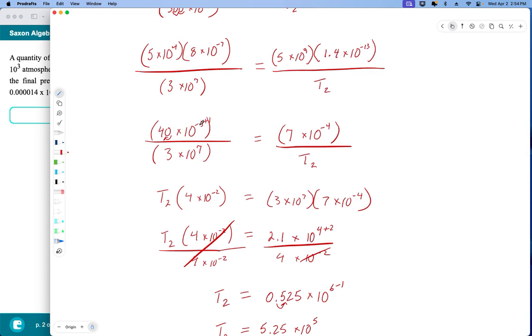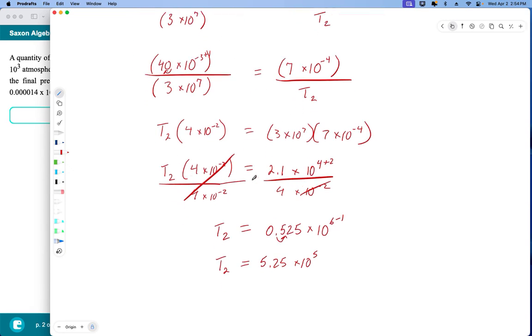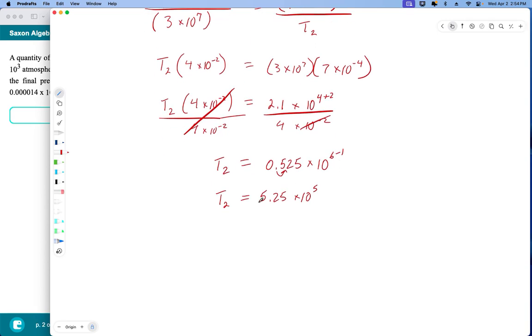Then when we have one value, one value, one value, one value, we cross multiply, put everything into the proper format again, and then do the calculation, whatever it might be, and then reformat whatever the answer is into proper scientific notation format. So that should be the right answer.